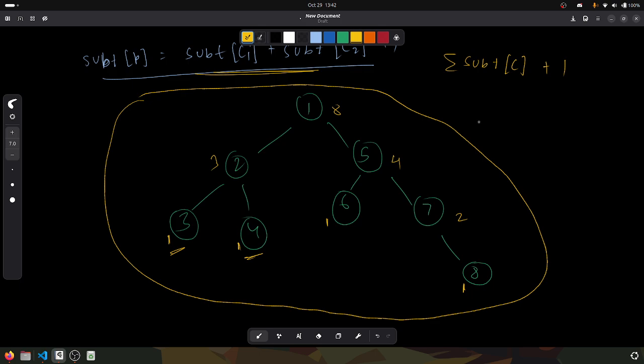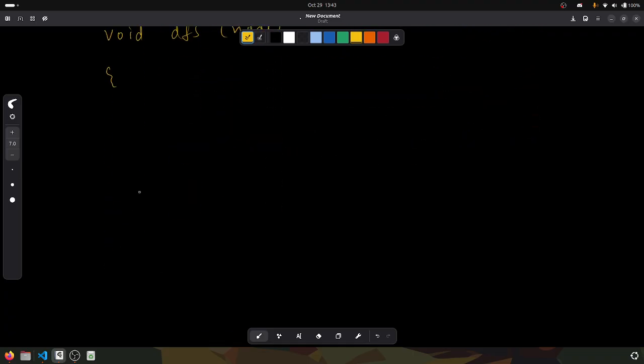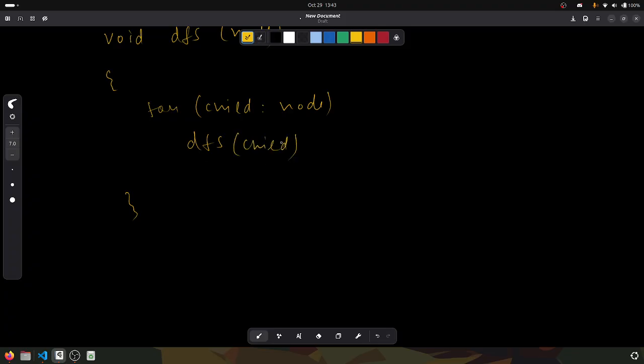And this is an O of n solution because we are using DP here, and in code it will look like this. We can do a simple DFS. For each child of the node, we run DFS on them, and once we have run the DFS on them, we know that the values of the children are calculated.